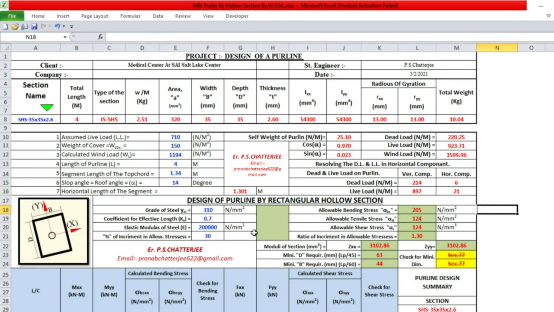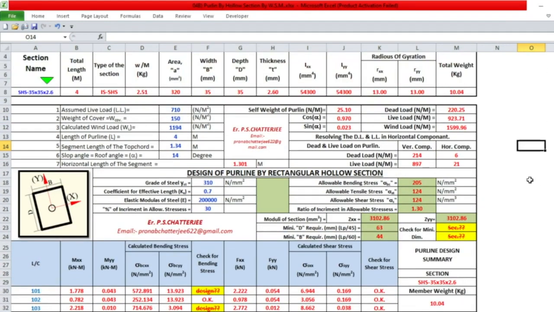Now, grade of steel is 310 Newton per millimeter square. Effective length coefficient 0.7. Elasticity modulus of steel is equal to 2 lakh Newton per millimeter square. Percentage of increment allowed in wind load case, 30%.